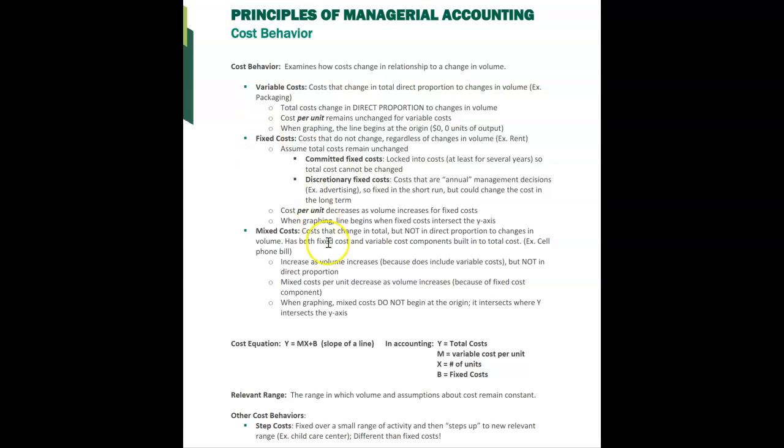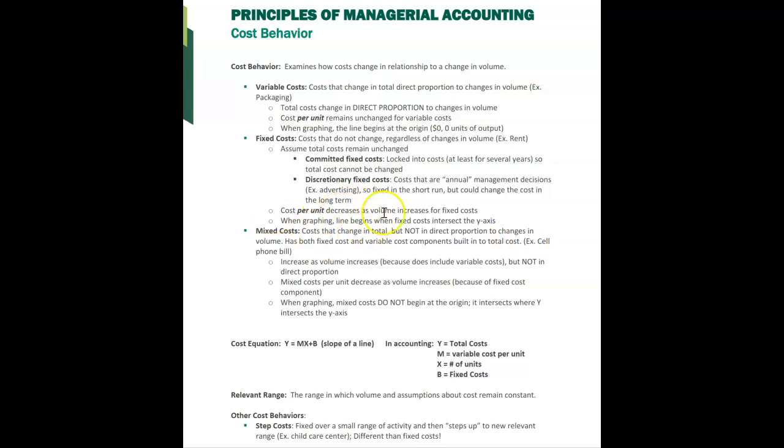And then the last category is mixed costs, and these are costs that change in total, but not in direct proportion to changes in volume. It has both fixed cost and variable cost components built into a total cost. So cell phones have maybe a base rate, and then they increase.